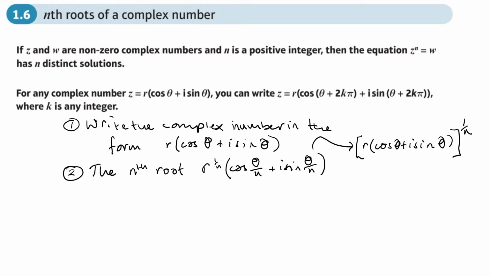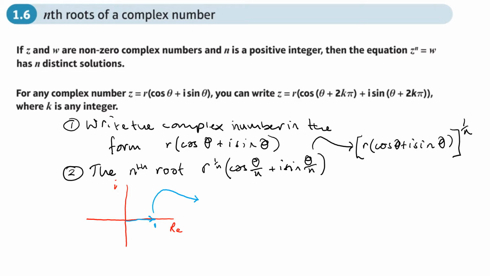But what we need to appreciate is that if I were to write a complex number on the Argand diagram, so there's my Argand diagram with my real axis here, my imaginary axis here. Let's keep it nice and simple. Let's say I had this complex number that goes to 1, and I write it in the r cos theta plus i sin theta form.